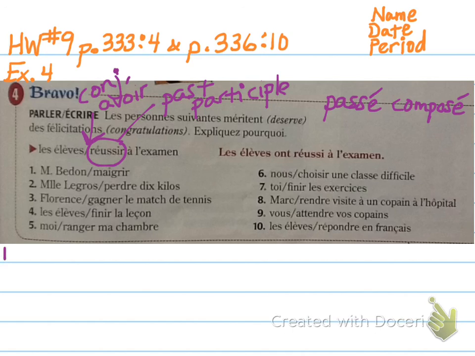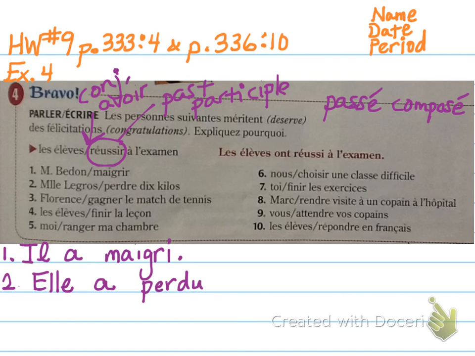So, for example, number 1 would be il a maigri, right? Because IR verbs lose their IR and get an I. Okay. Number 2 would be elle a perdu, because RE verbs lose their RE and get a U, 10 kilo. So you're writing out those 10 sentences using the passé composé.